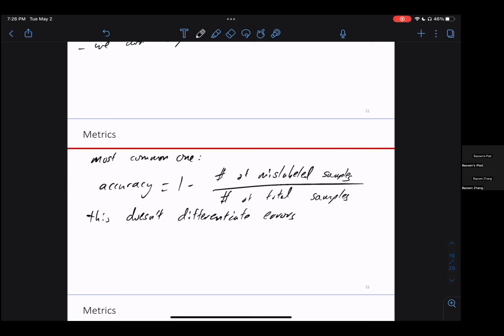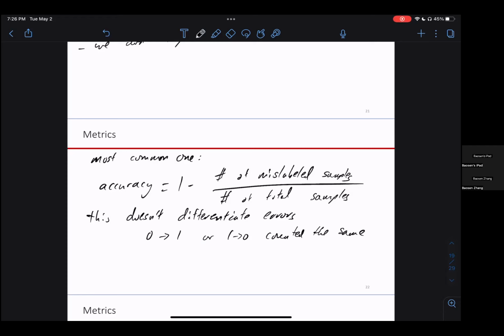So basically this is 0 to 1 or 1 to 0, counted the same. It doesn't matter which way you mislabel.